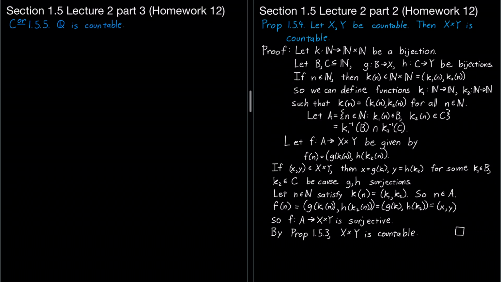And then the proof of that is that Z, the integers are countable, the natural numbers obviously are countable, so by the previous proposition, Z cross N is countable. And it's example 1.5.2b and proposition 1.5.4.